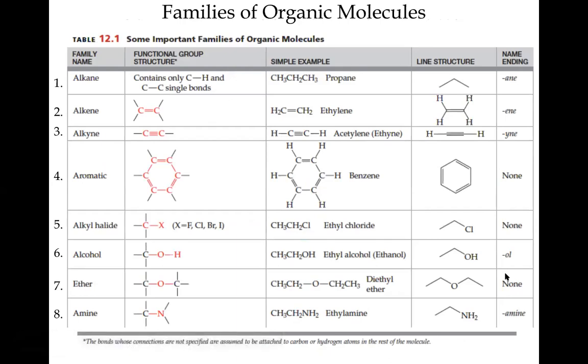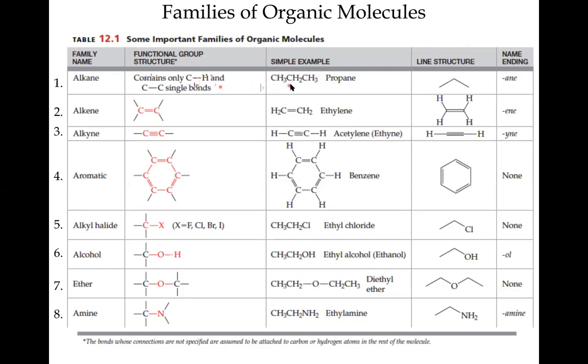And now these are some of the families, and I'll go through them individually right now. The very simple family that we talk about is the alkane. The alkane is, let me get my pointer out, it's number 1. It really doesn't have a functional group. I guess you could, unless you consider carbon-carbon or carbon-hydrogen bonds, single bonds, as a functional group.